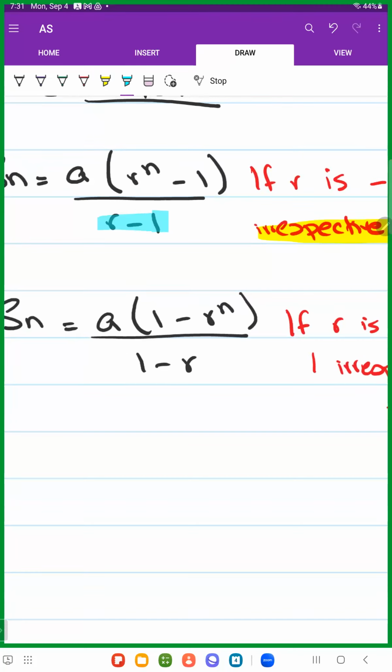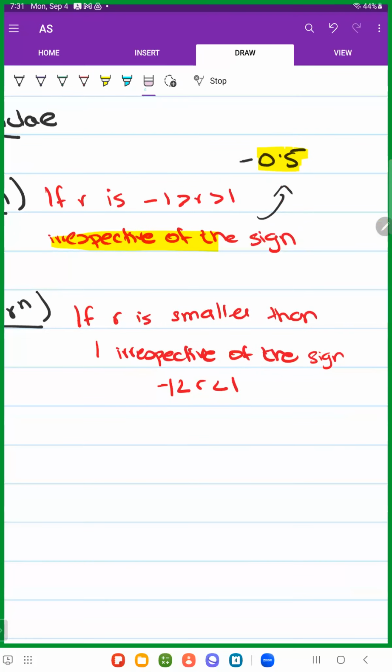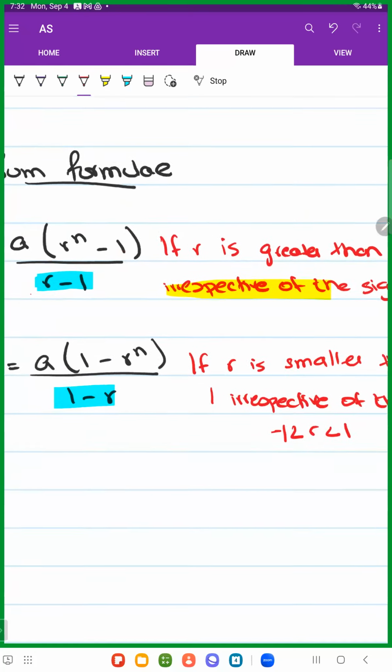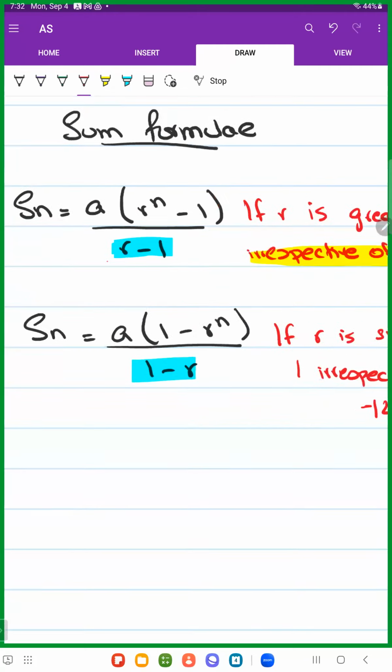How will you understand by this part? The denominator can never be negative, okay? So if R is greater than 1, I will use this formula, okay? If R is lesser than 1, I will use this formula, okay? Because the denominator can never be negative. So to make it less complicated for you, just write if R is greater than 1, okay? And if R is smaller than 1, you use this one.